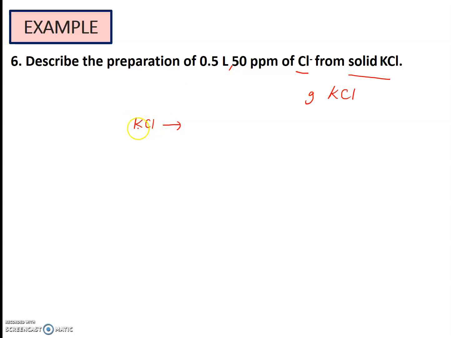In 1 mole of potassium chloride, how many moles of chlorine? In 1 mole potassium chloride, there is 1 mole of chlorine ion.